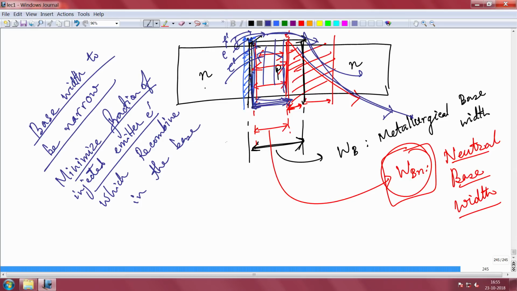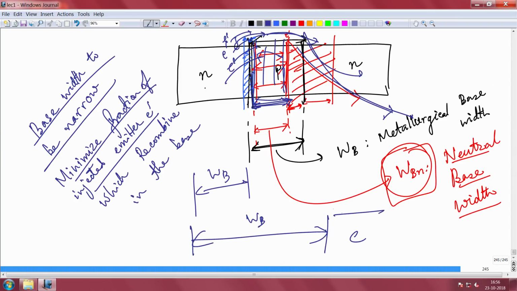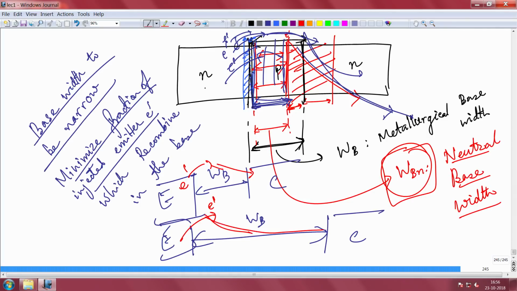So the narrower the base is, suppose I have a base width like this versus another base like this, with the emitter here and the collector here. When I am injecting electrons here, some of them will recombine, but most will come here. But when I send electrons here, it is such a large base that most of the electrons will recombine, and there is nothing left here.